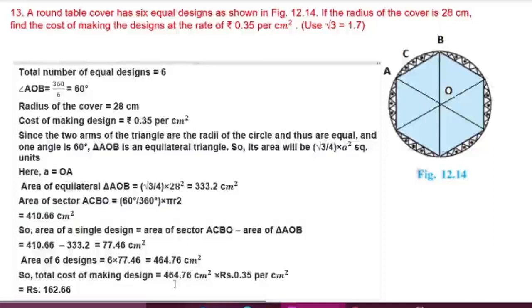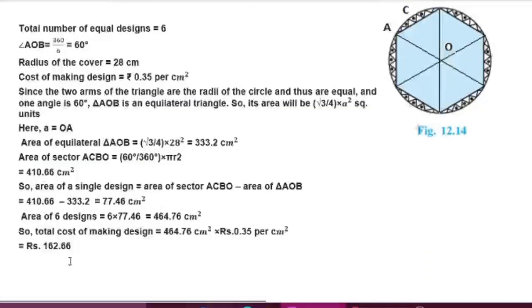That is equal to 464.76 centimeter square into rupees 0.35 per centimeter square, because the rate is given, the rate is 0.35 per centimeter square. Now multiply here, you will get the answer. The total cost of making the design is rupees 162.66. That is the cost of making 6 designs.